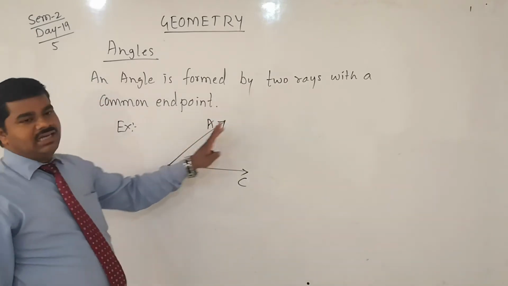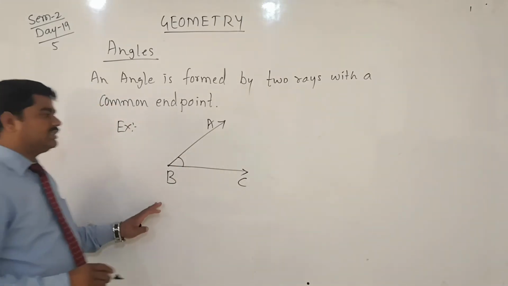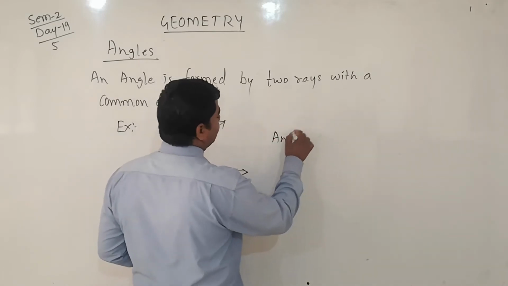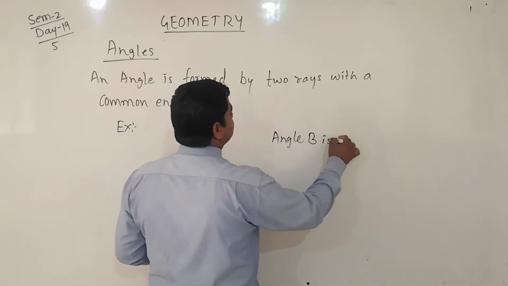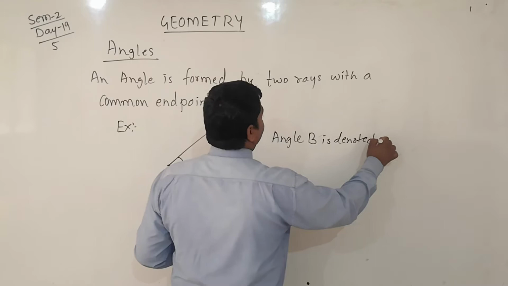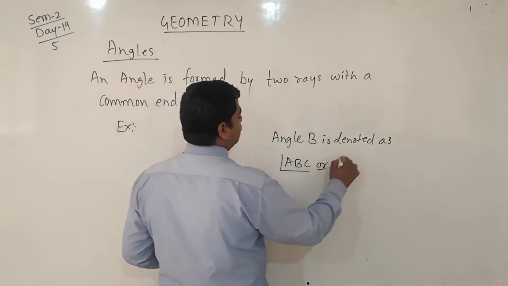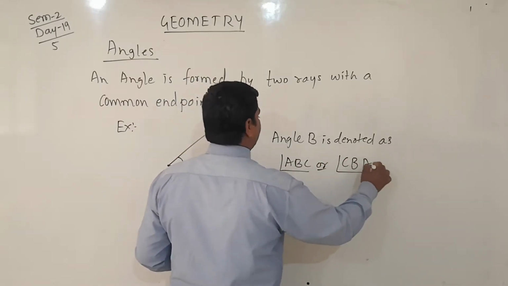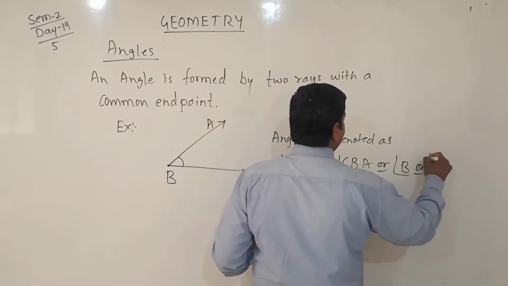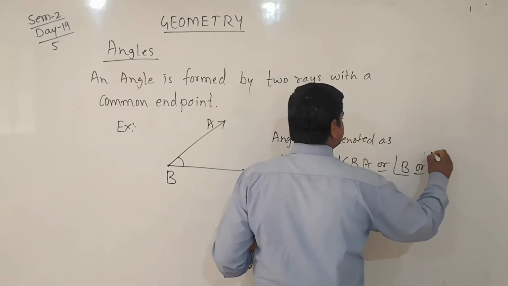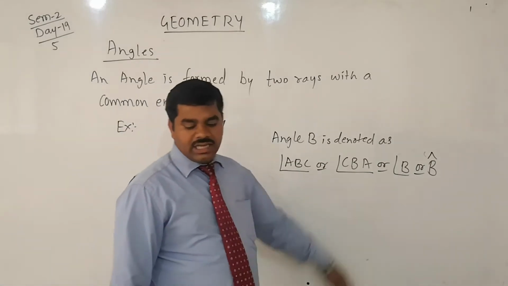Here there is an angle B. We can write angle B, or denote it as angle ABC or angle CBA, or angle B, or one more type, put a cap on B. On B you just put a cap, then this denotes an angle.